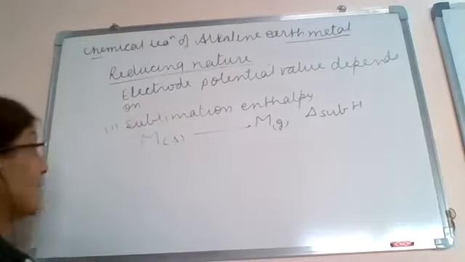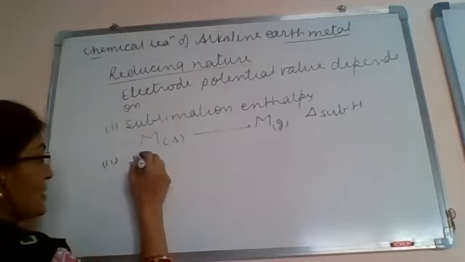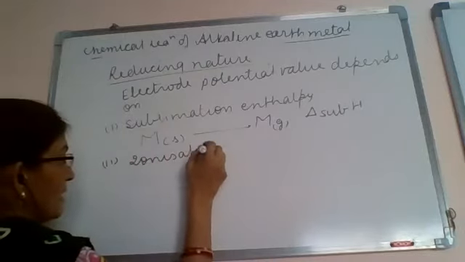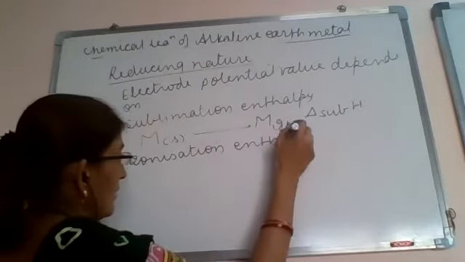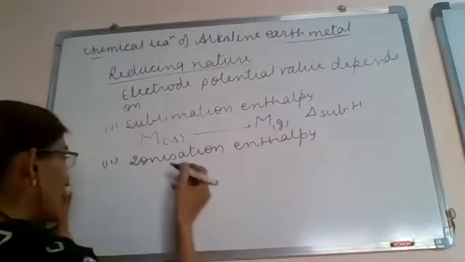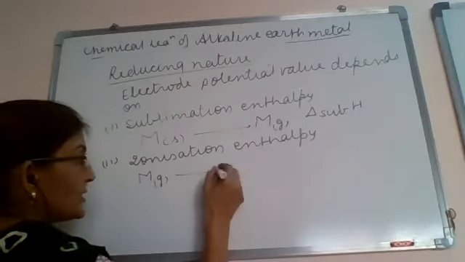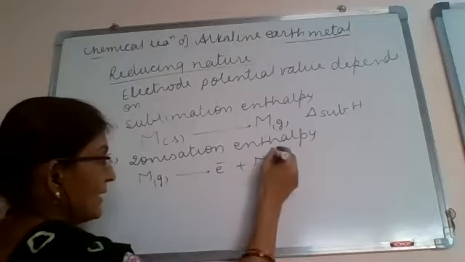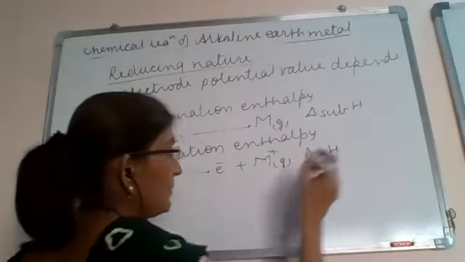Now, second on which electrode potential value depends, that is ionization enthalpy. What is ionization enthalpy? Gaseous metal atom, neutral. When it loses electron, it forms gaseous ion. Energy required is called ionization enthalpy.